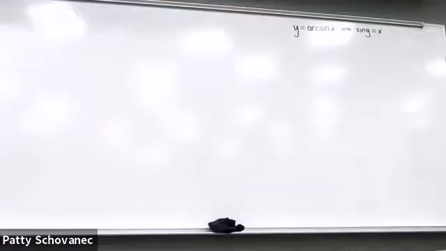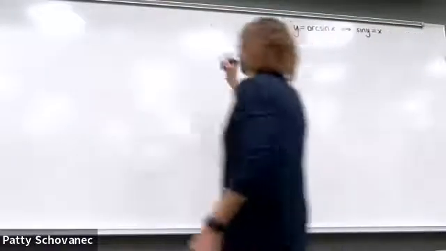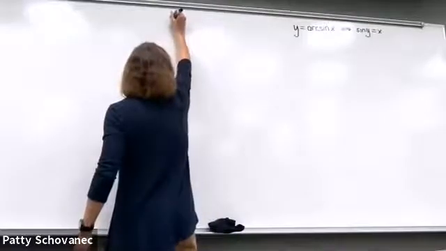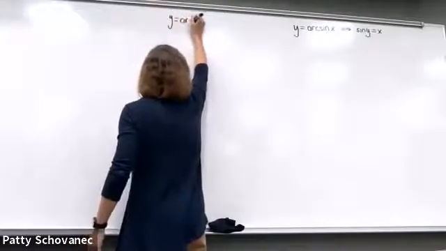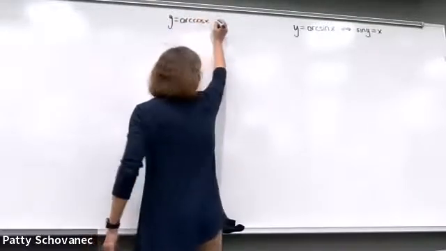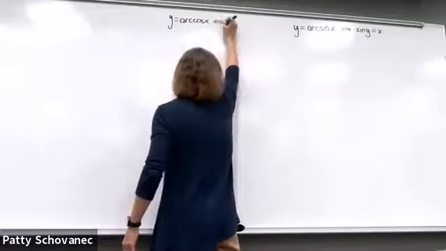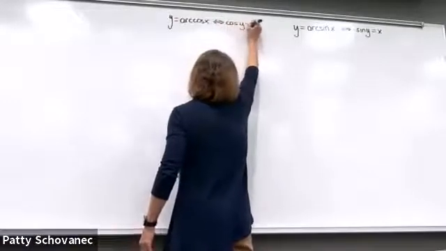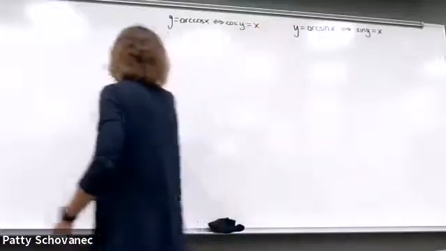Then I'm going to write the same version for the inverse cosine. y is equal to the arccosine of x if and only if the cosine of y gives us back x.